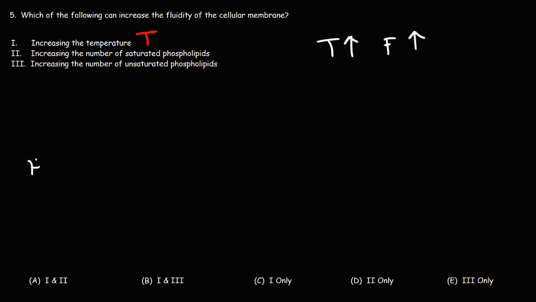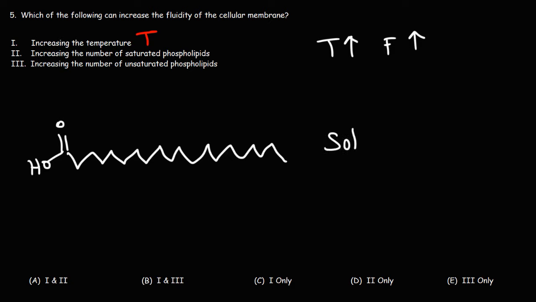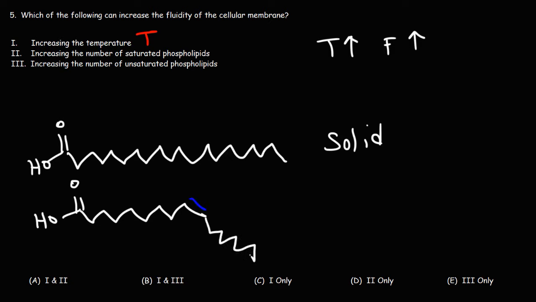Well, let's talk about saturated fatty acids. A saturated fatty acid, if you recall, has no double bonds. And these tend to be solid at room temperature. Now, an unsaturated fatty acid, they do carry double bonds, and this creates a kink in the structure.